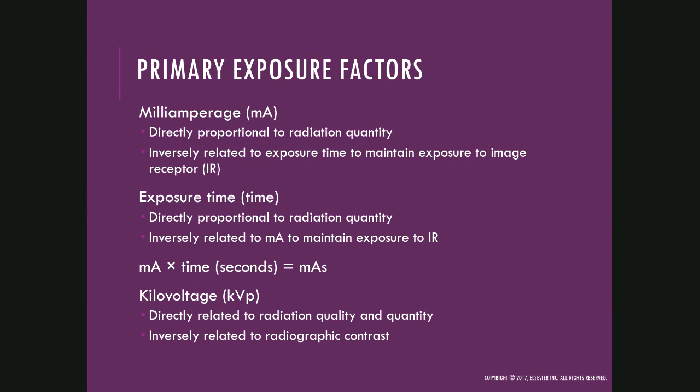Your KVP is directly proportional to the quality, and it's proportional to the quantity, but it's not direct. Recall that if you increase your KVP by 15%, you double your exposure. So it's not a double your KVP, double your exposure situation like it is with the MAS.